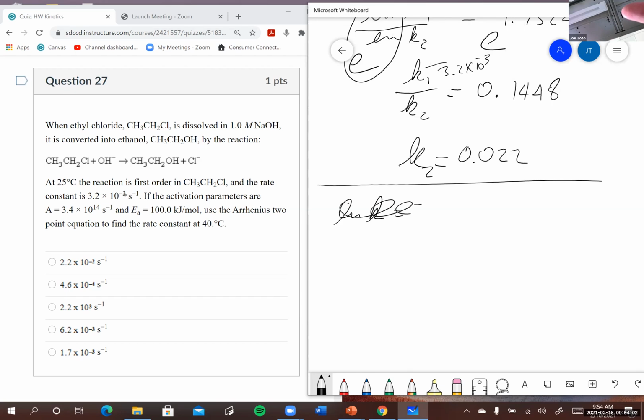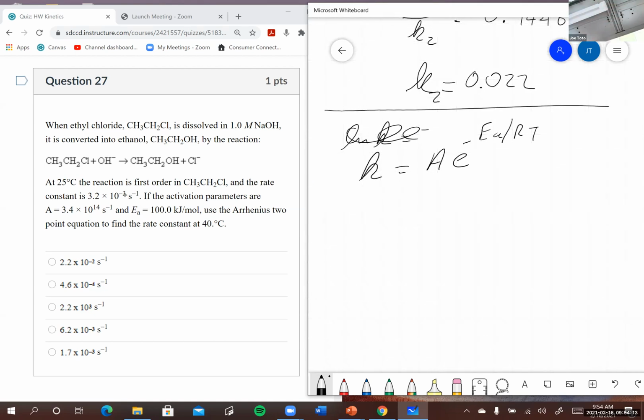No, let me start here. So that's Arrhenius's definition of K. When I take the log of both sides, I get this. Oh, sorry, that's a plus, right? Now, I can do this for two different points.